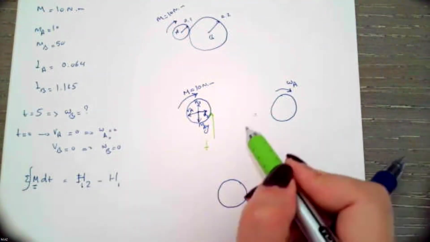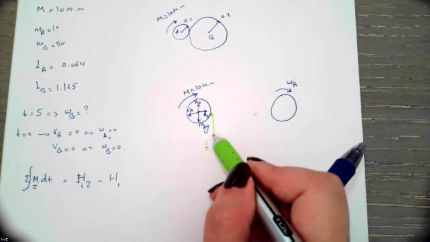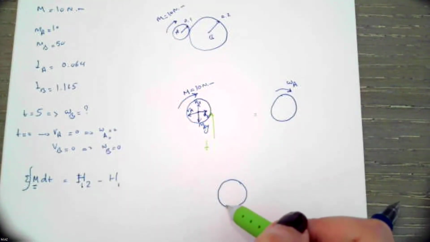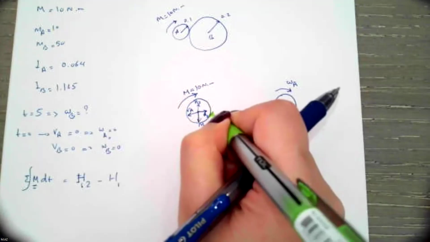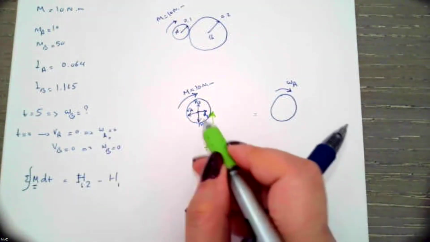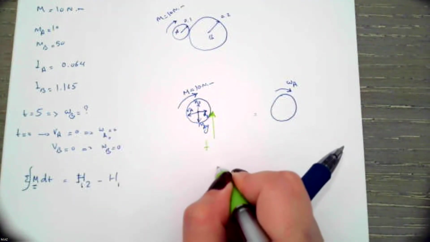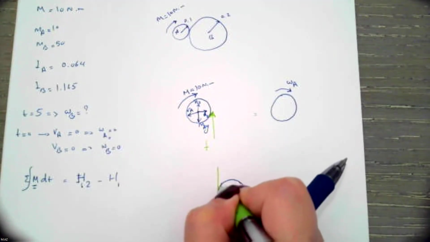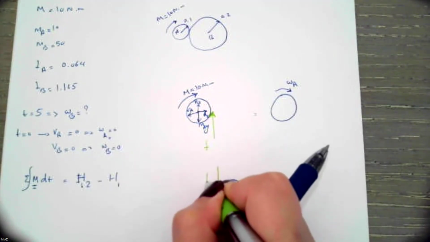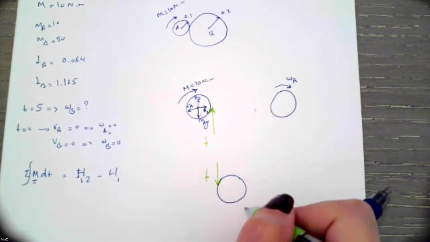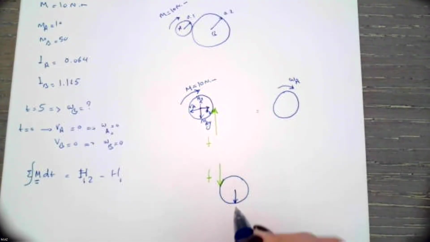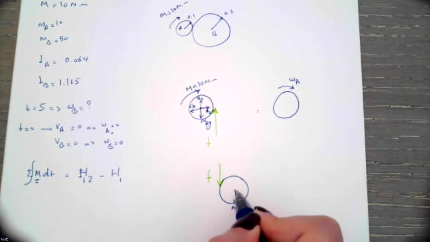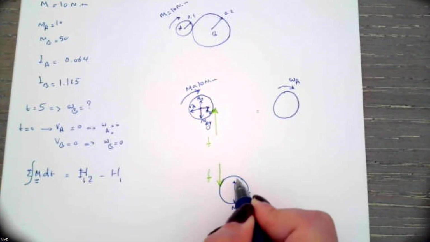For this reason, just the reaction of this force is applied on gear B. This is the direction of the friction for gear A, and the reaction is applied for gear B. This is the weight. This is the pin reactions.